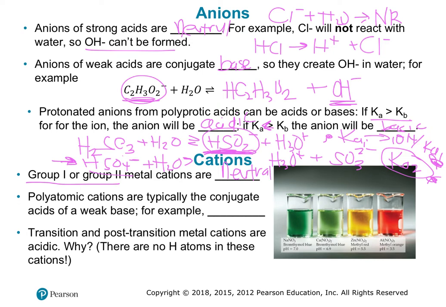When we have polyatomic cations, something like ammonium, the conjugate acids of weak bases, when they react with water, they're going to form hydronium and the weak base. So they're going to basically go backwards. So basically they're forming acids.